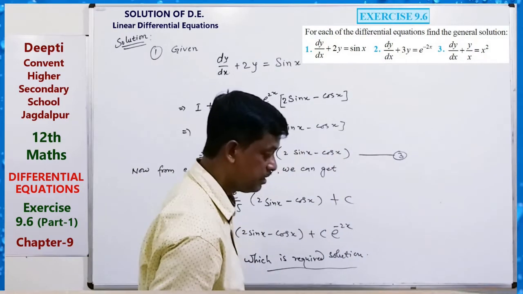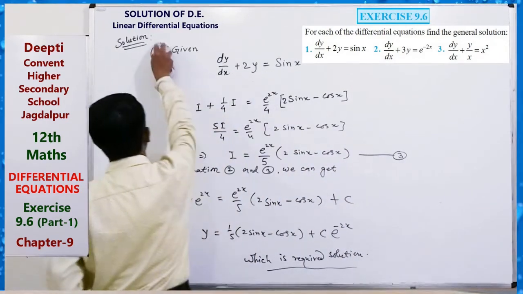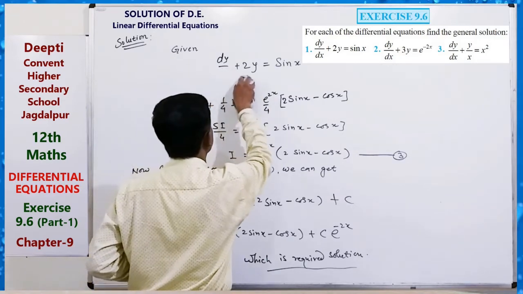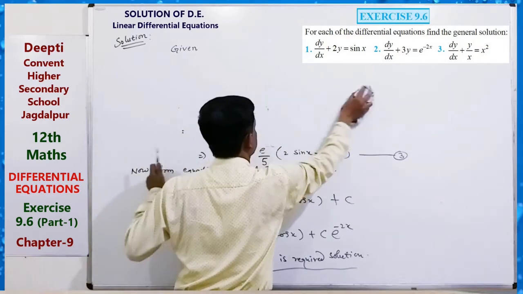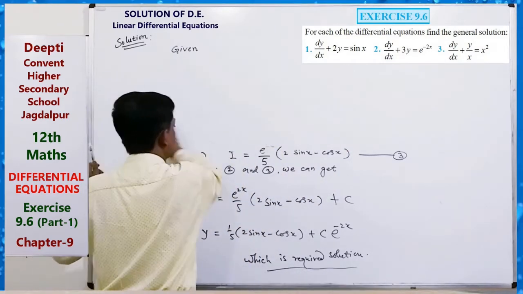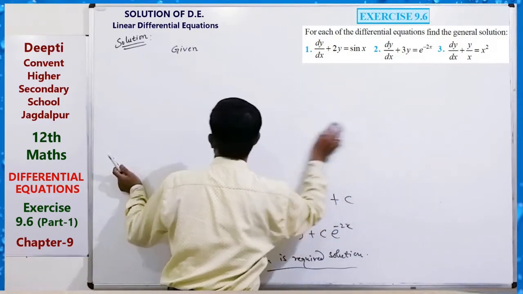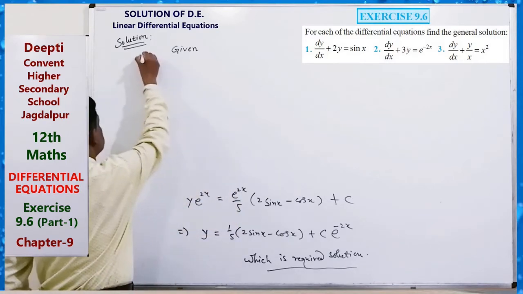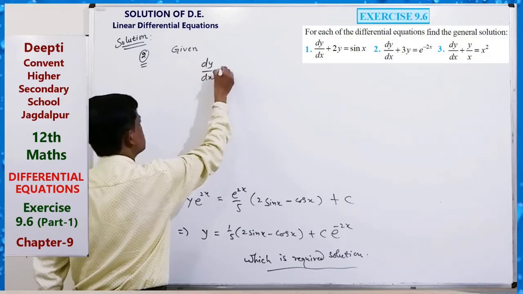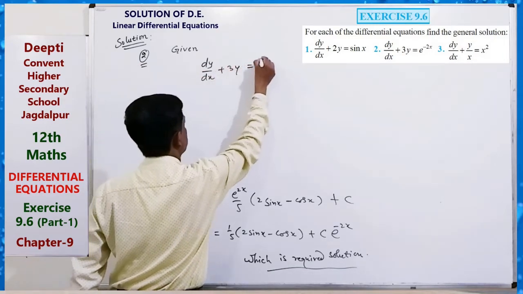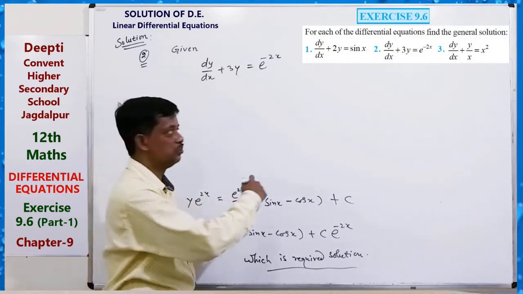Just see here, question 2: dy by dx plus 3y equal to e to the power minus 2x. This is the equation 2, question 2.